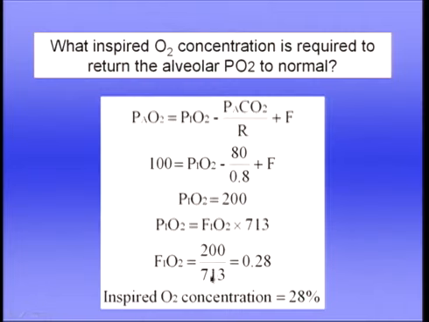FiO2 is PiO2 over 713, which comes out to 0.28. So the answer is, if we give an inspired oxygen concentration of 28% instead of 21%, we can return the alveolar PO2 to the normal value of 100 in spite of the ventilation being reduced to half of its normal value. Now that's a very interesting finding, isn't it?